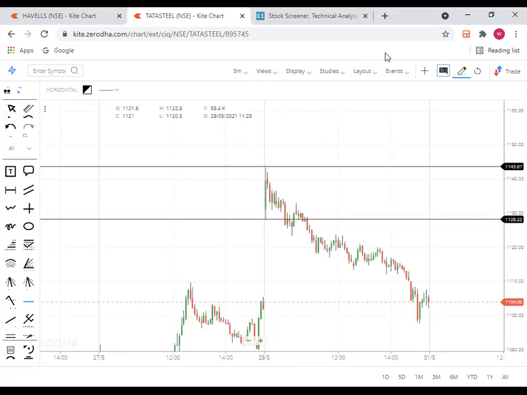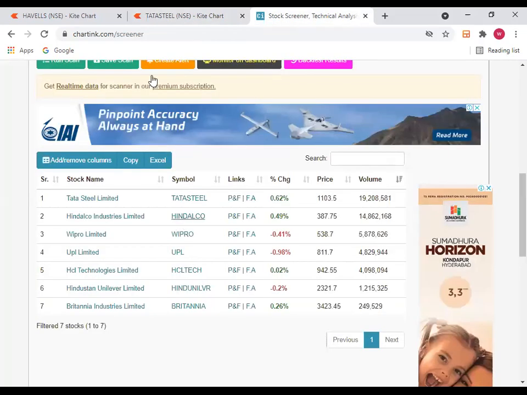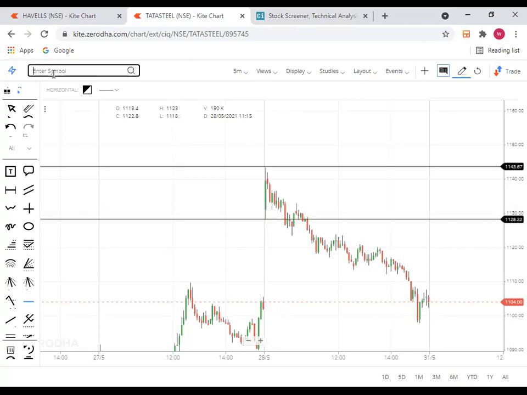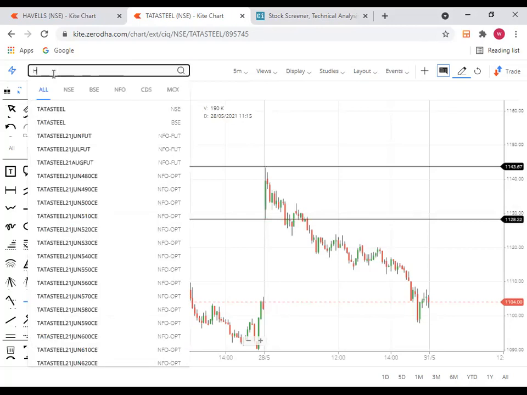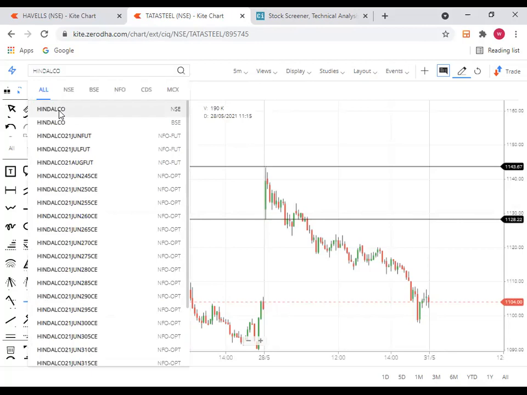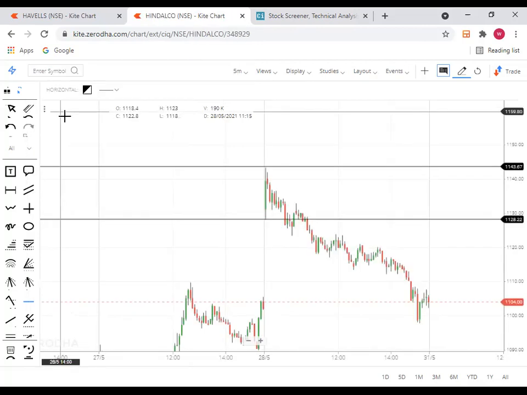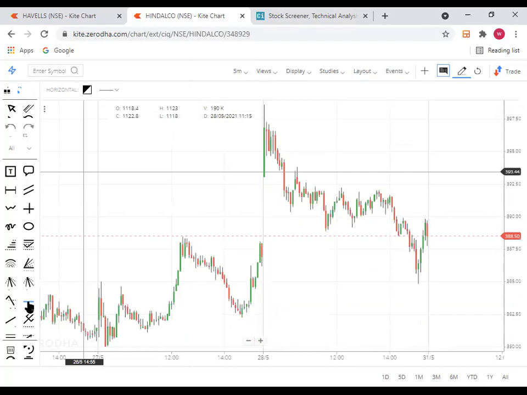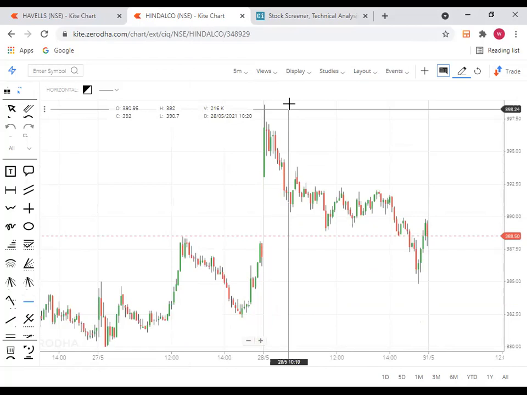Our next stock is Hindalco. Once we will go through this Hindalco chart, in Hindalco also, our first candle is our mother candle.